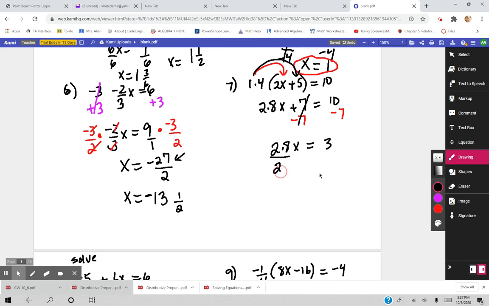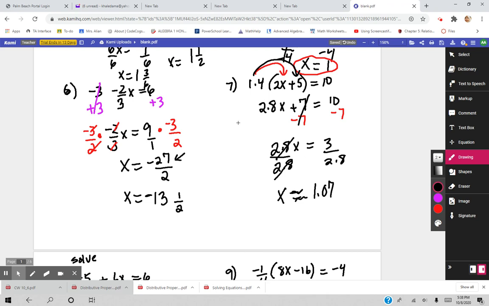Divide both sides by 2.8. And these will cancel. X equals, let me use my calculator. 3 divided by 2.8 gives us 1.7, approximately 1.7.